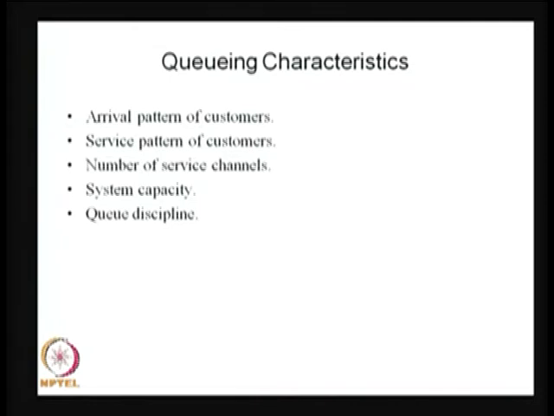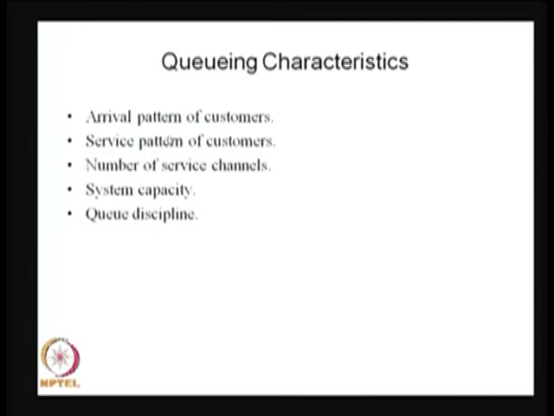If the customers enter with an inter-arrival time that is a random variable, then we should know the distribution of the inter-arrival time. So, this information, the arrival pattern, is needed to define the queuing system. That includes whether it is deterministic or probabilistic. If it is deterministic, then what is the constant inter-arrival time. If it is probabilistic, then what is the distribution, and so on.